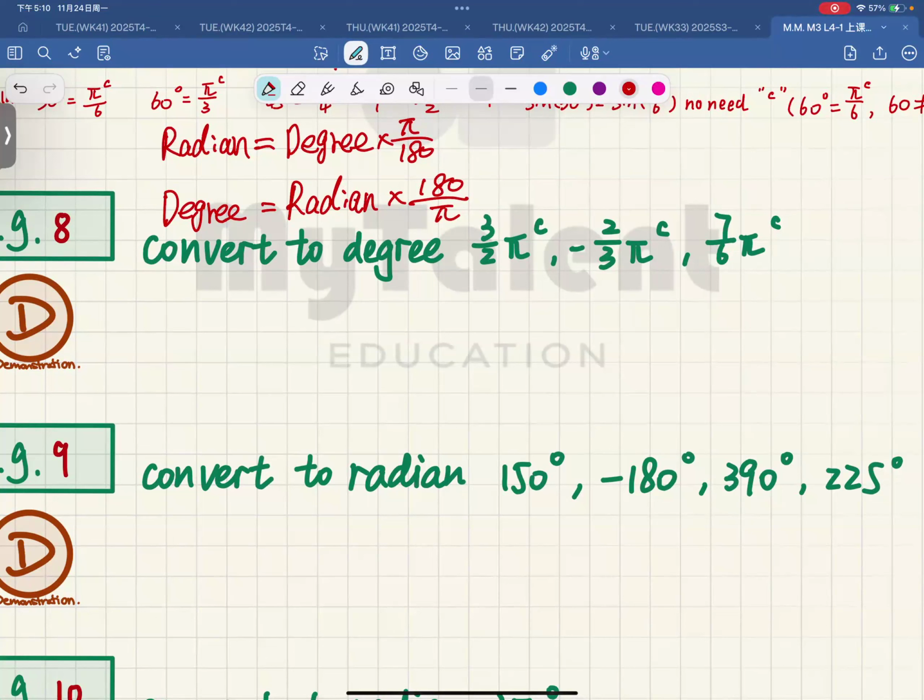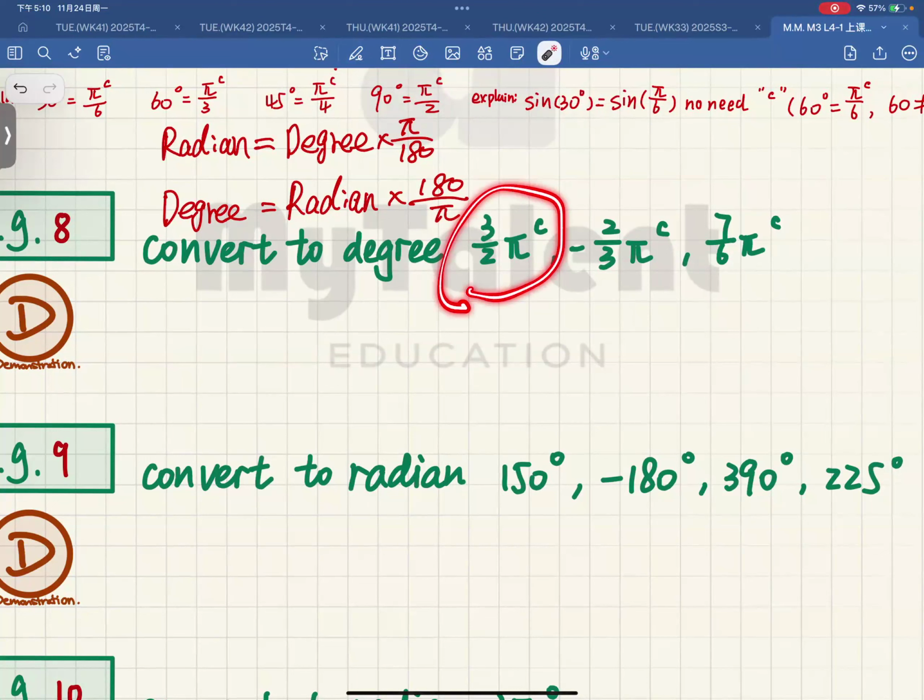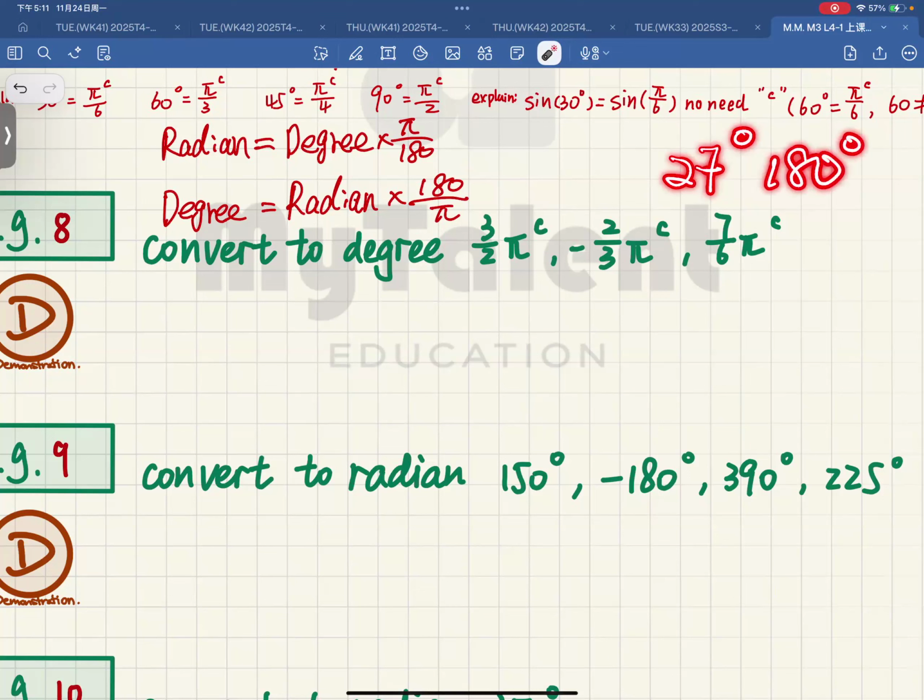What formula do I use? Convert to degree, right? So you want degree. So that's radian, right? Degree is like 270 degree or 180 degree.